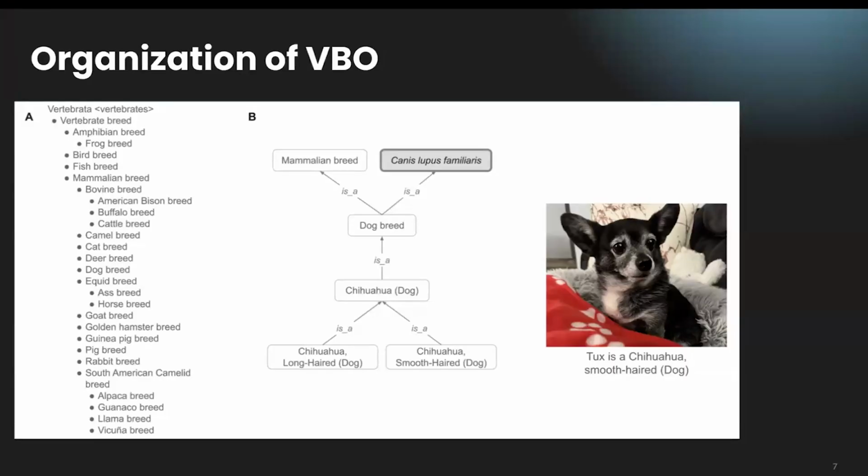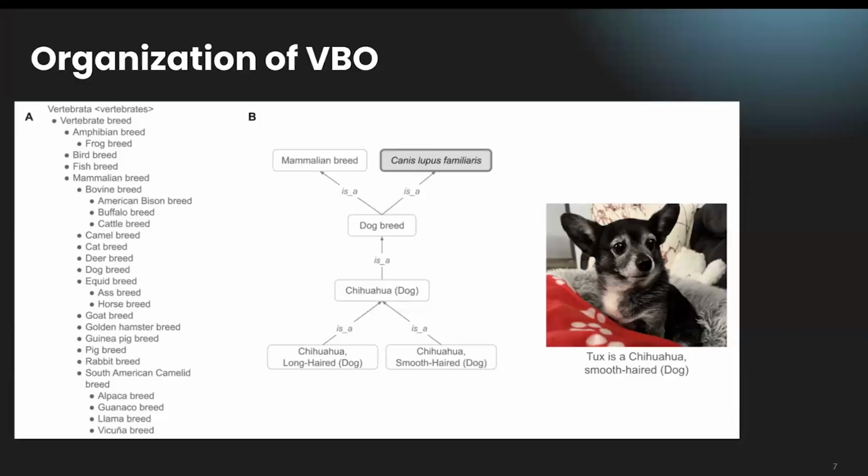So all the breeds in VBO have this relation to NCBI taxon. That NCBI taxon helps us with classification, but it also helps with relating breeds with a lot of other ontologies out there.